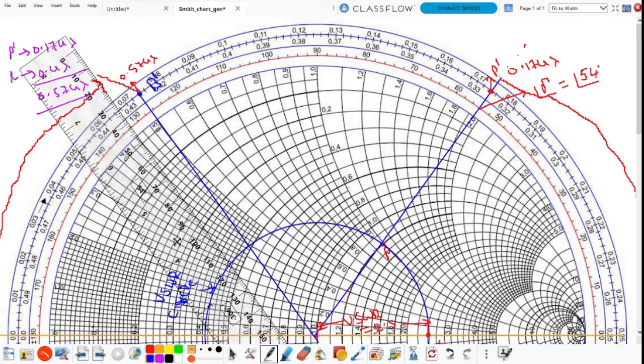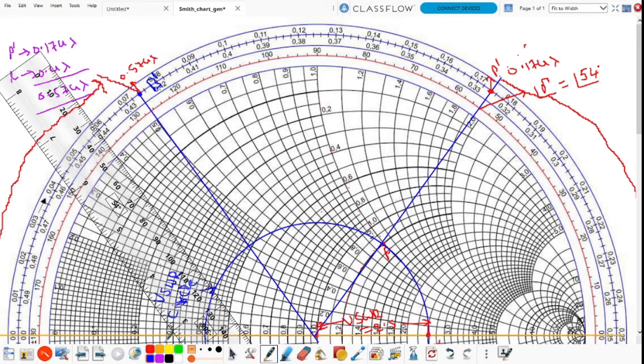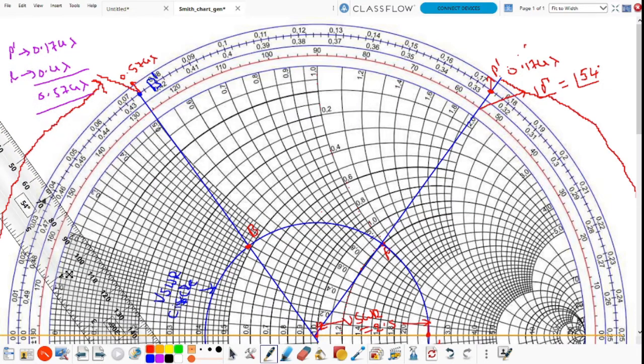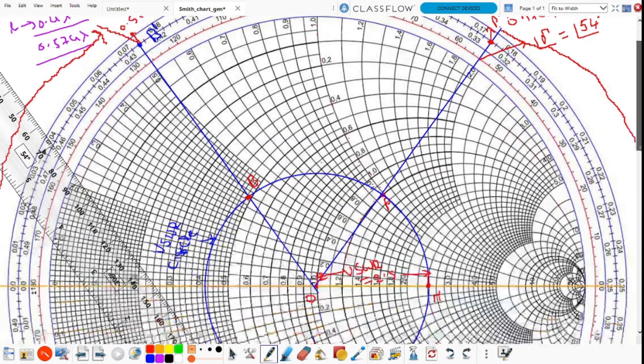So this line cuts the VSWR circle. That crossing point or cutting point is considered as point B. So at point B, find the normalized input impedance.